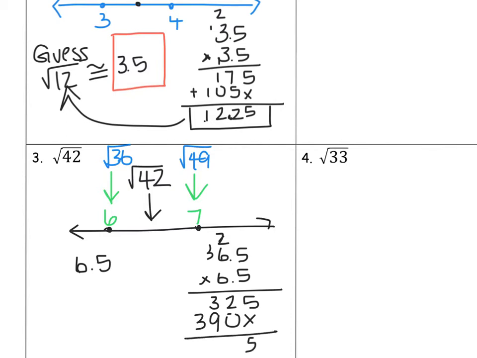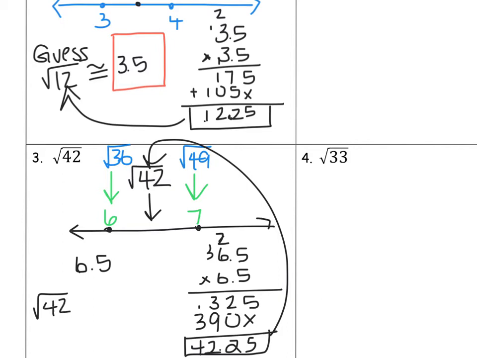Bring down my 5. 2 plus 0, 9 plus 3 is 12, carry the 1, and we get 42.25, which is really close to 42. So the square root of 42 is about 6.5. This, in my opinion, is probably the easiest method to estimating square roots.